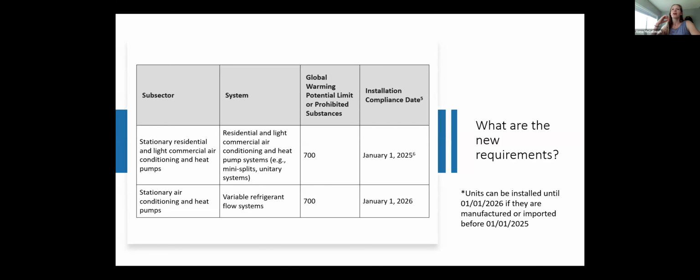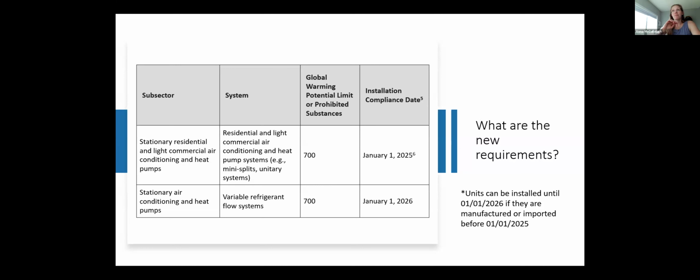First, we have stationary residential and light commercial air conditioning and heat pumps. These are your split systems, your unitary rooftop units, your air handling units with a split DX.